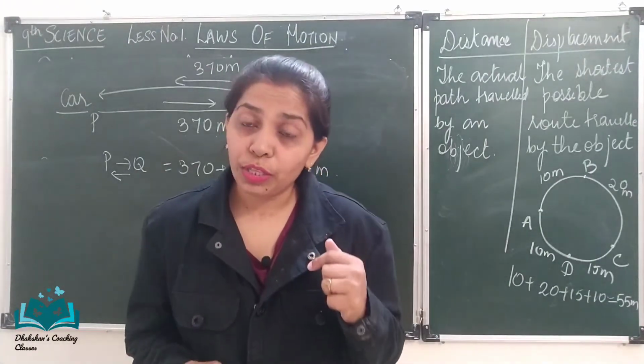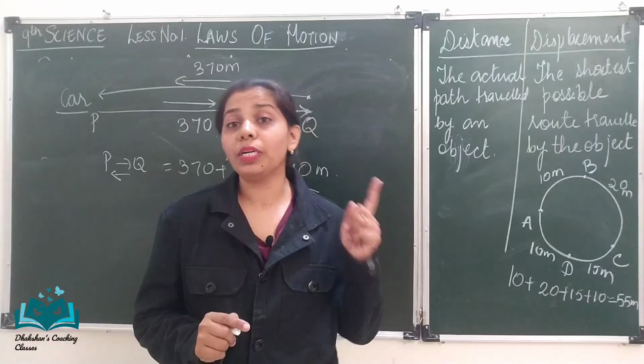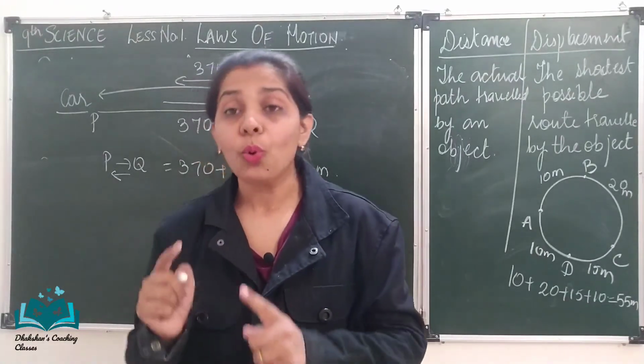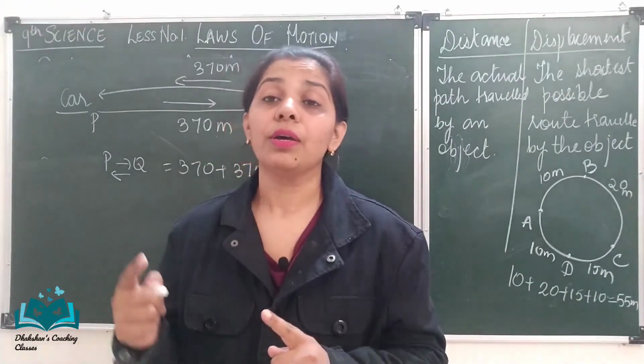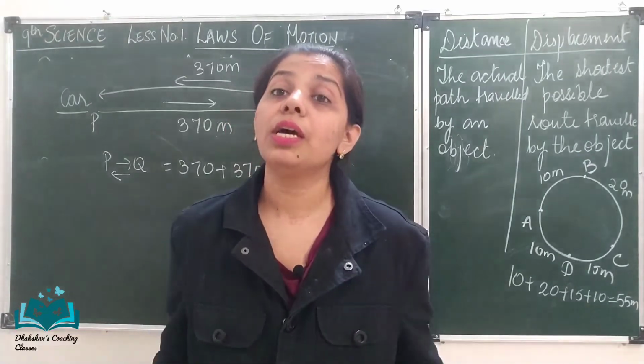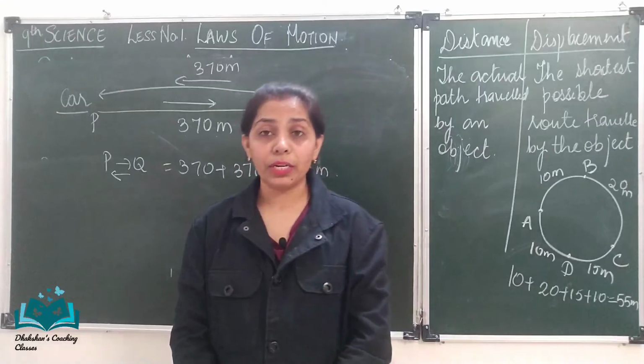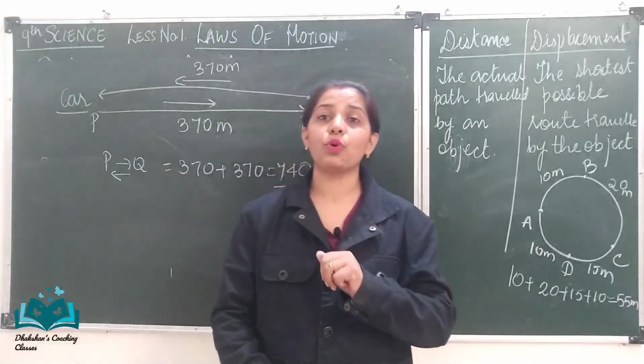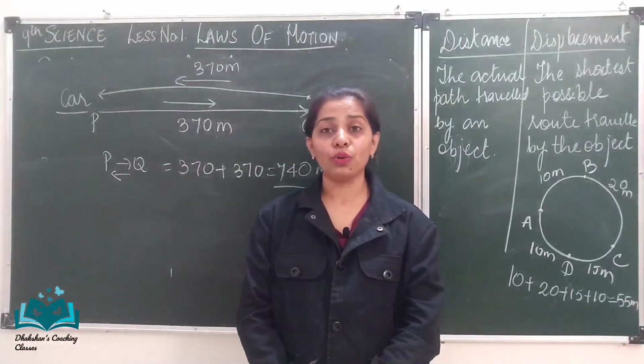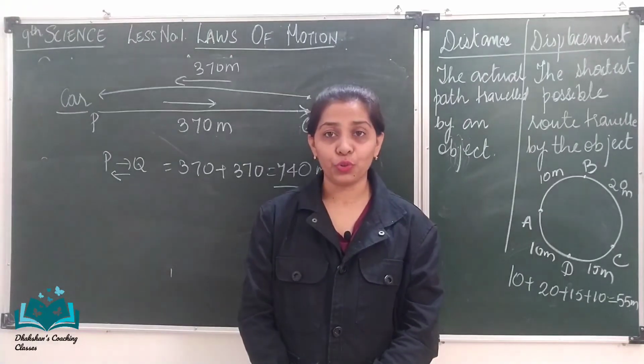The second difference between the two is displacement can be zero, but distance travelled by the object is never zero. I hope, my dear students, the three concepts of this lesson, laws of motion, are very clear to you.